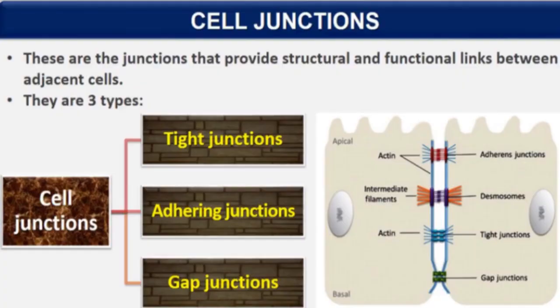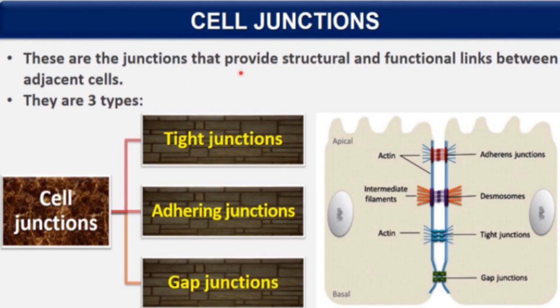So cell junctions are the junctions that provide structural and functional links between adjacent cells. You know, there is a requirement of the exchange of materials between the adjacent cells. That's why, to continue that exchange of materials between the cells, there are different junctions which are found between the adjacent cells.